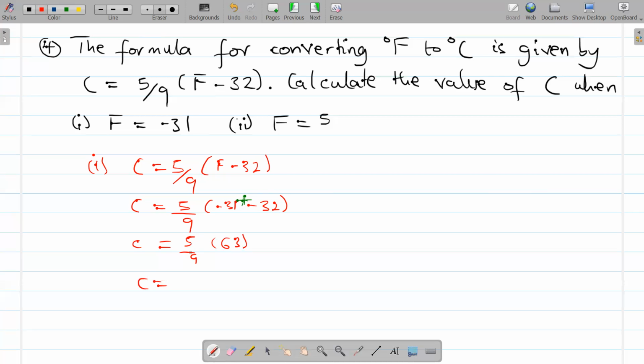Then we multiply 5 by 63. What are you even going to get? 5 by 63. 5 times 3 is 15, 5 times 6 is 30, plus 30, 315. So 315 over 9. That's your final answer.